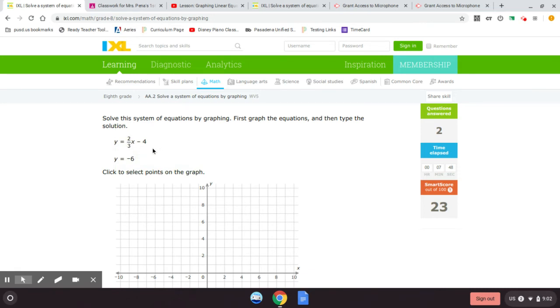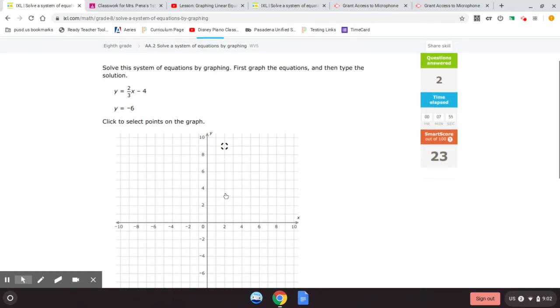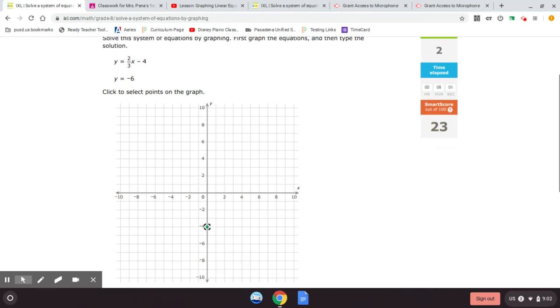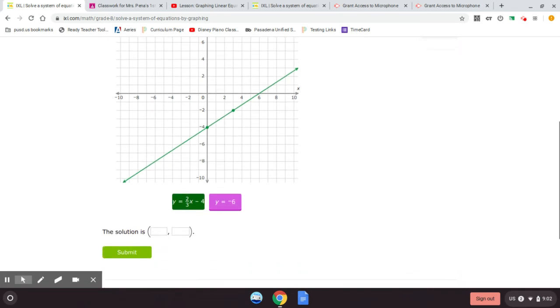So graph your first graph. So I can see that the y-intercept here is a -4. So that's a -4. And then I could see that the slope is 2/3, both positive. So I go up 2 and right 3. Okay, and this one looks a little different, a little weird. So it says y equals -6.